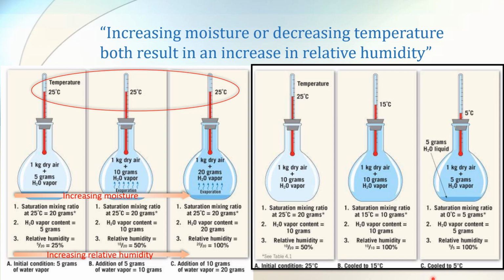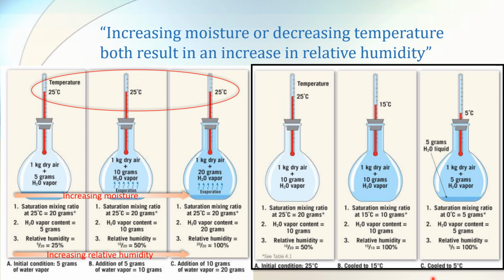So it's typically the same in the environment. Because this flask originally contained 10 grams of water vapor, and then 5 grams of water vapor will condense to form the liquid droplets that collect on the walls of the container.